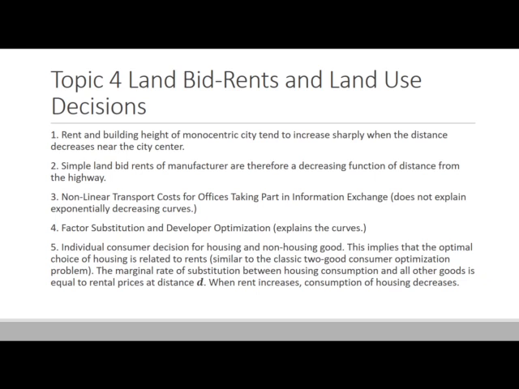Okay, and after that, we introduced nonlinear transportation cost for offices. Basically, in this part, remember, we have a city where the office workers have to meet the office workers of all other offices in the city.